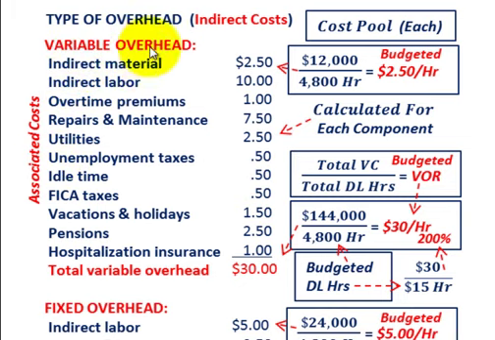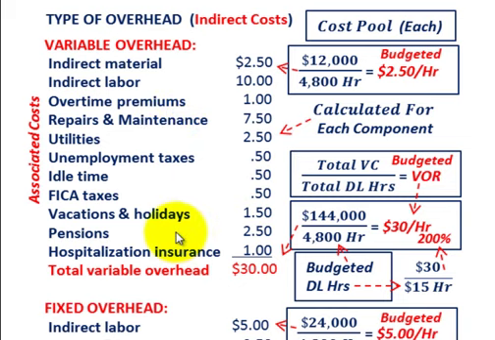So let's look at some typical variable overhead associated costs for a manufacturing operation. For variable overhead, we're going to have direct material, indirect labor, overtime premiums, repairs and maintenance items, utilities, unemployment taxes, idle time, FICA taxes, vacations and holidays, pensions, hospitalization insurance, and so forth.